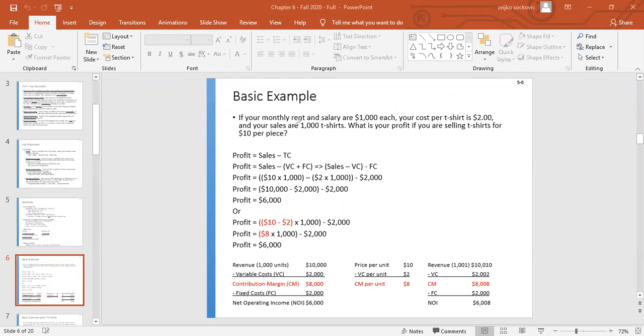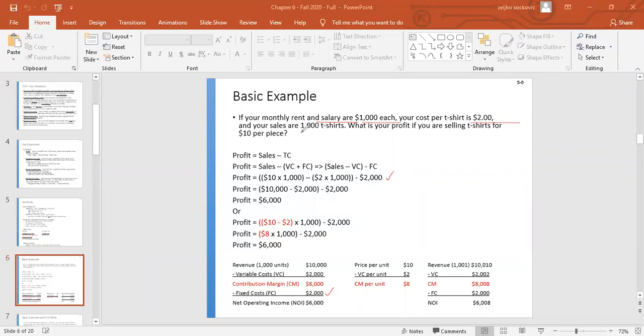If your monthly rent is $1,000 and salary each, so that's $2,000. What kind of cost is this? Well, this is fixed cost, right? And we have it here, fixed cost, $2,000. And then the cost per t-shirt is $2.